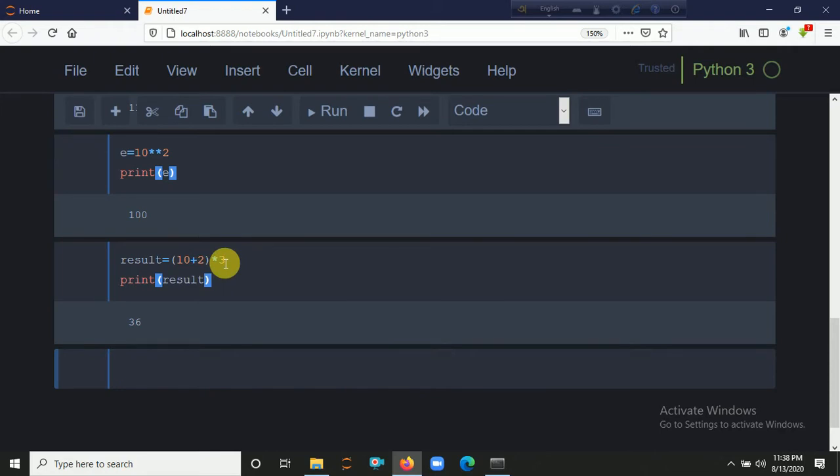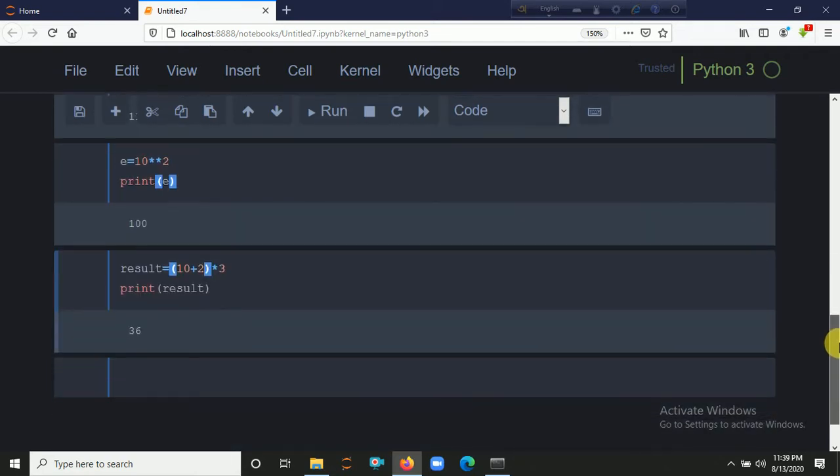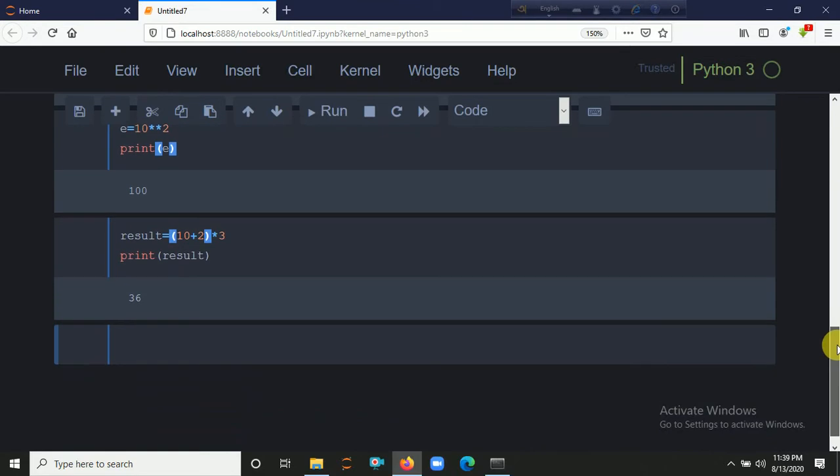We know that multiplication has high priority, so 2 cross 3 equals 6 and 6 plus 10 equals 16. So how is it 36? You have to remember, guys, that parenthesis has the high priority. So 10 plus 2 equals 12 and 12 cross 3 equals 36. That is the actual precedence of this arithmetic expression.